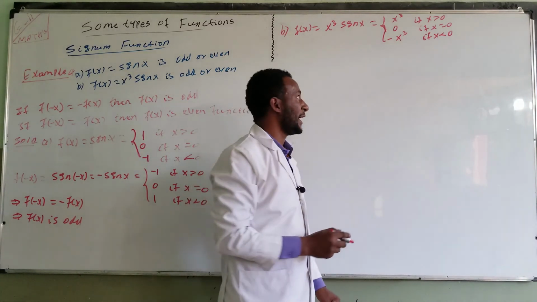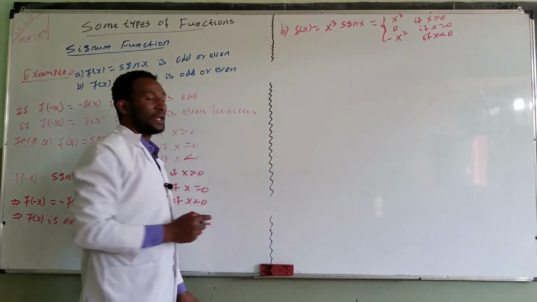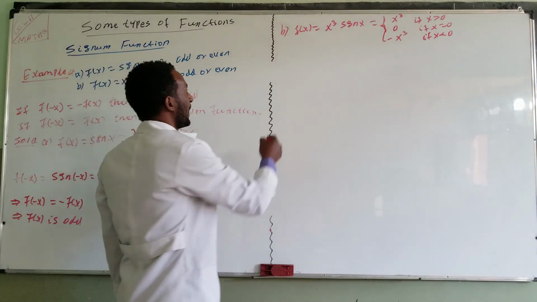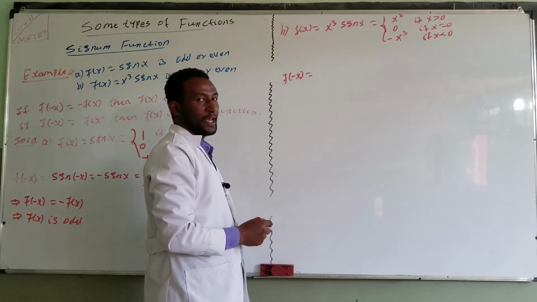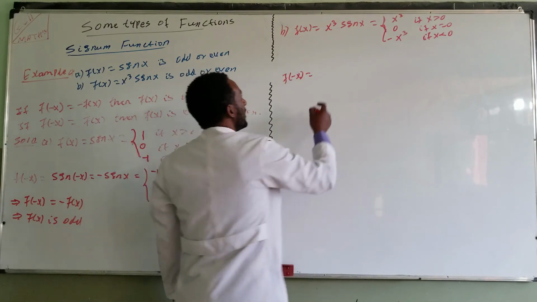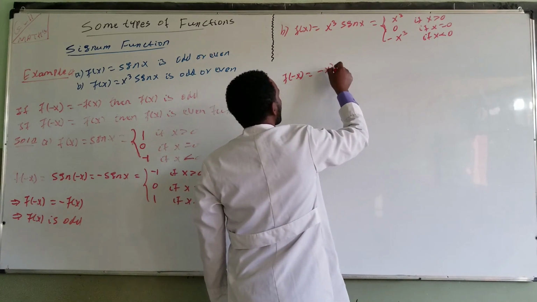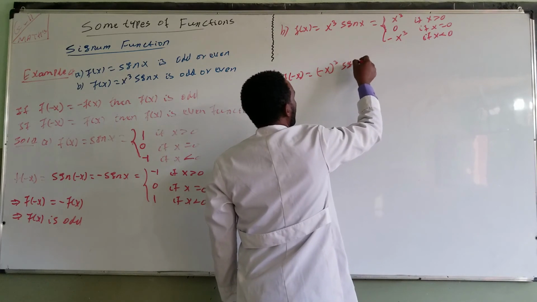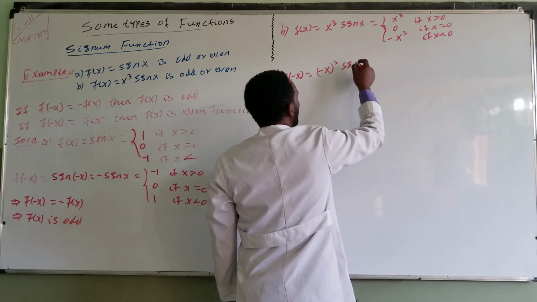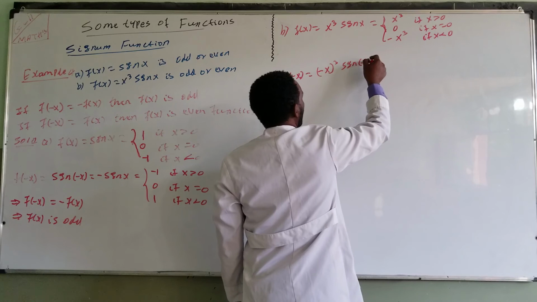Then to identify the parity of this function, let us see f of negative x, which is equal to negative x cube signum of negative x.